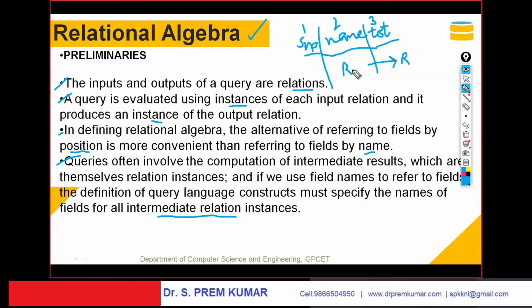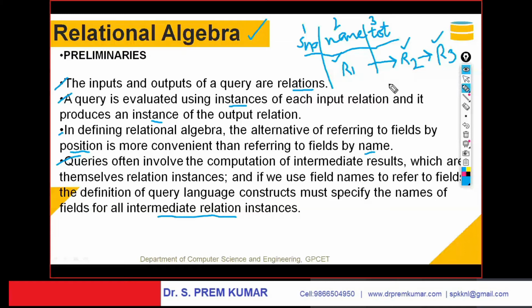If you observe, our input is a relation, output is a relation, and the intermediate results are also relations. Everything is in the form of a relation, and relation means a table. R1 is a relation, R2 is a relation, R3 is a relation.